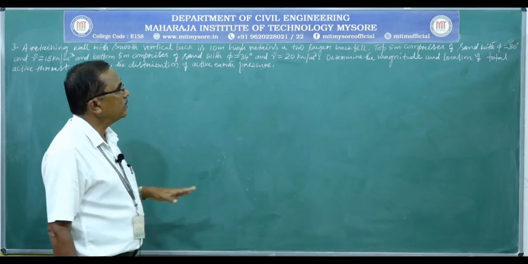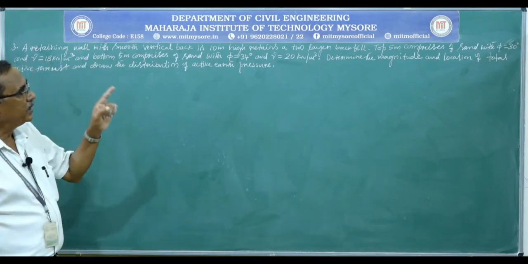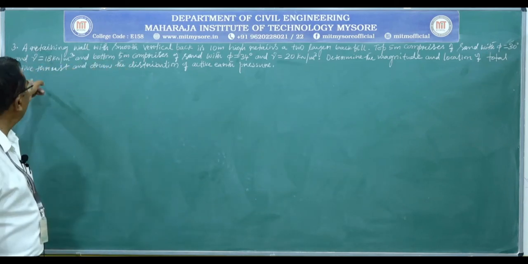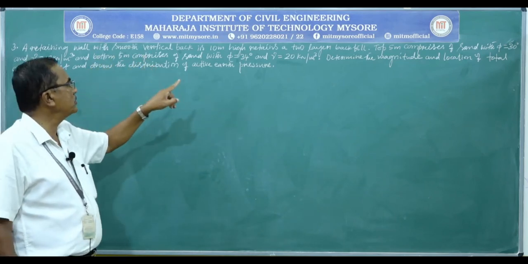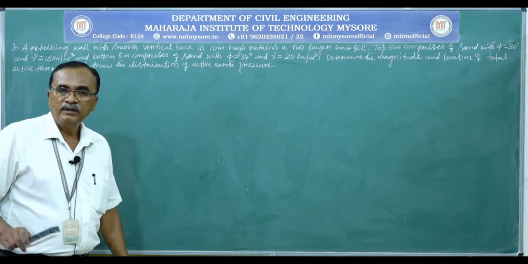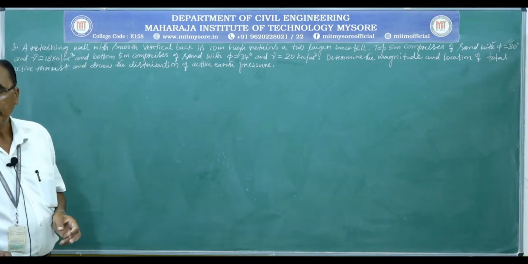For this condition, asked to find the magnitude and location of total active earth thrust and draw the active earth pressure distribution diagram.